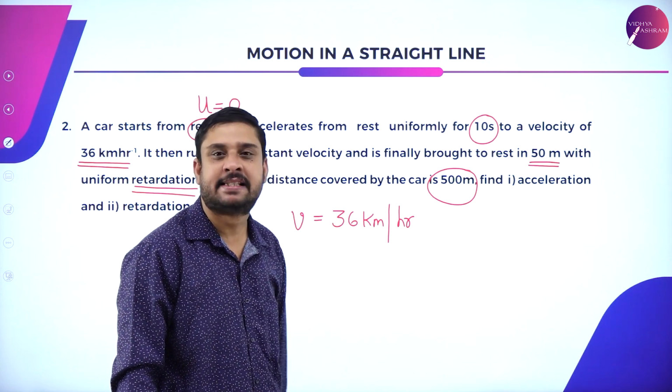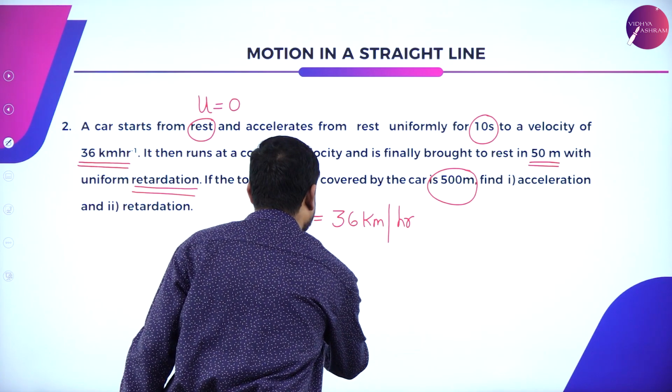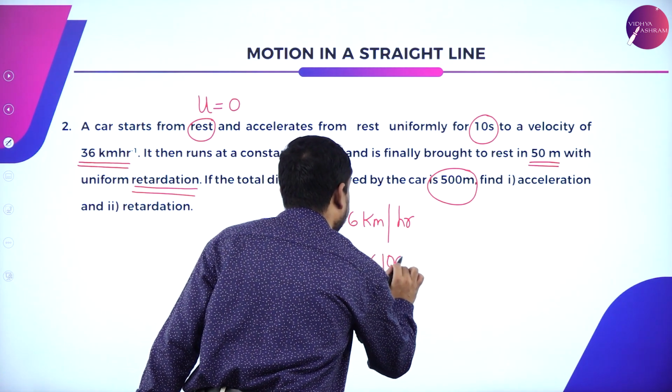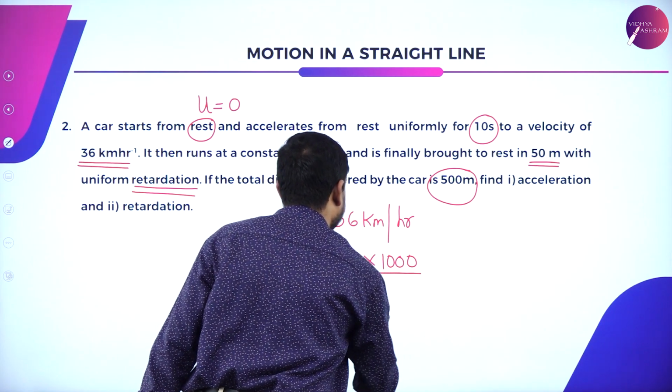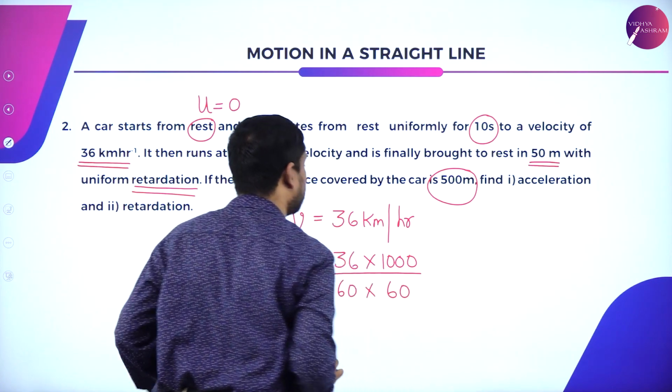But the SI unit is meter per second. So, convert this: 36 into 1000 divided by 60 into 60.